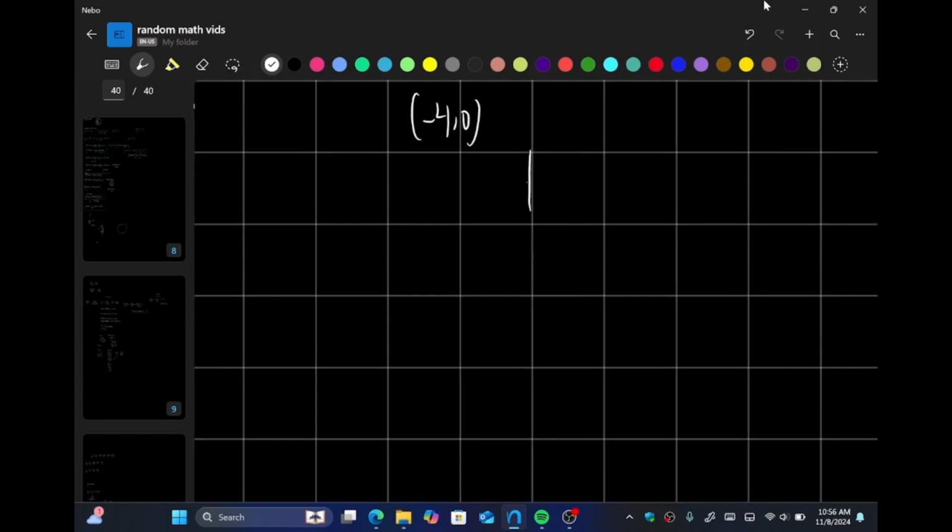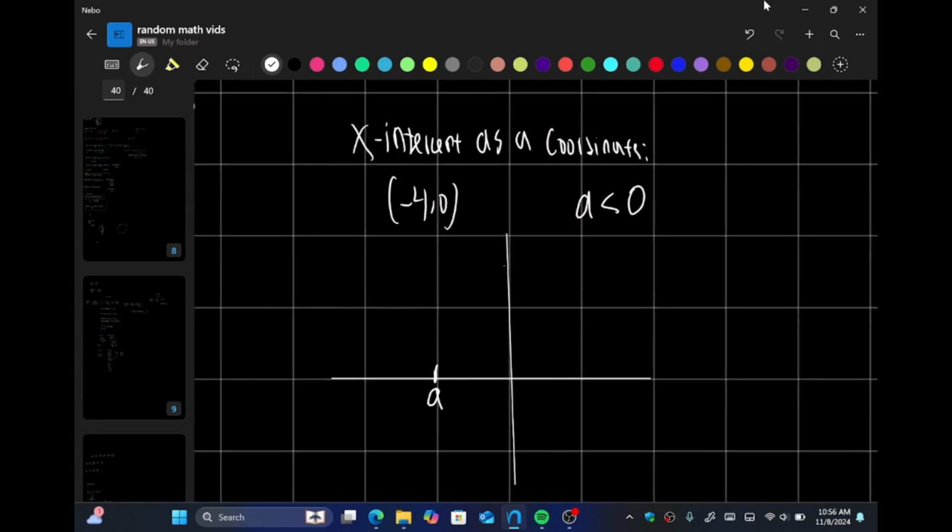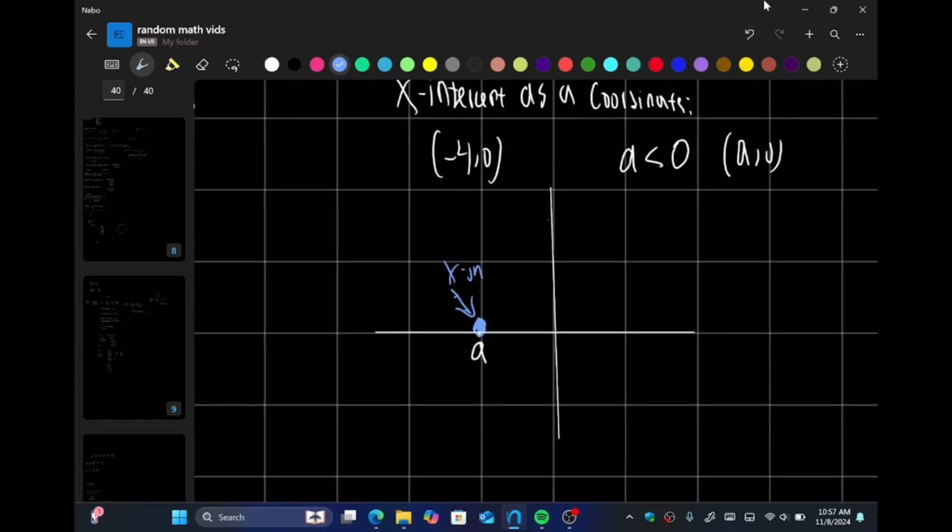And what this looks like, guys, if I pick a negative number, let's say here's a, and a is less than 0, we know that the x-intercept is a comma 0, so it would look like this over here. I just want to state that right quick. That would be an x-intercept such that a is less than 0.